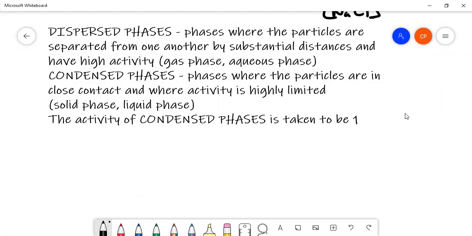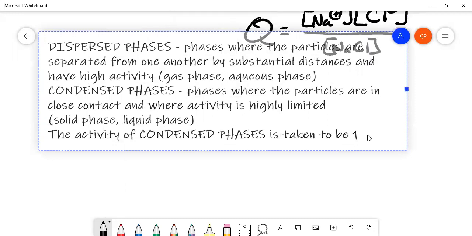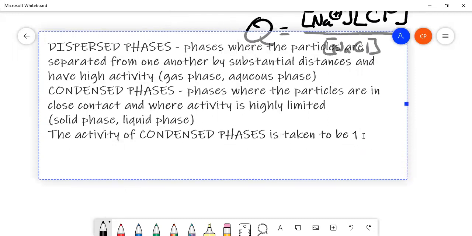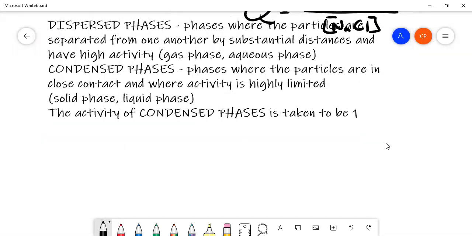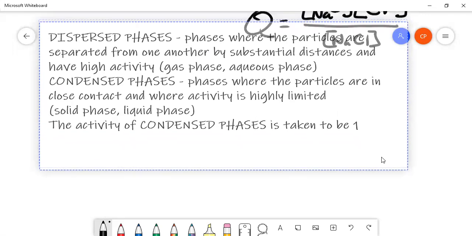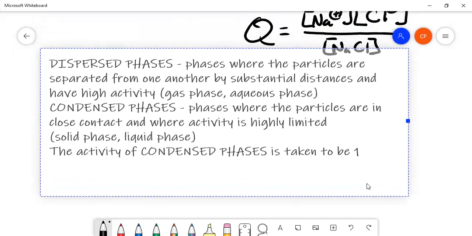We effectively say that the activity of those condensed phases is 1. So all of the equilibria that we've been talking about to this point, all of the chemical reactions we've been talking about are homogeneous equilibria.